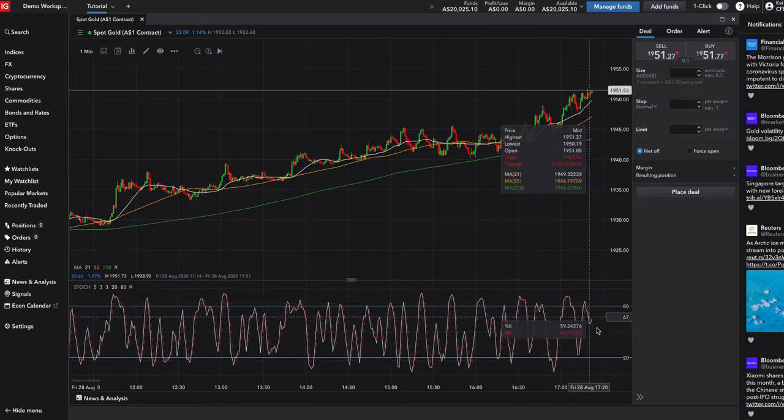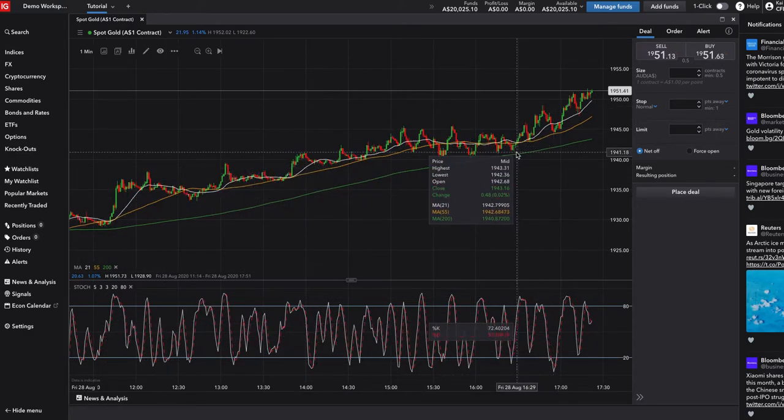And when this line gets below the line here, so below 20, it's telling you it's likely at the bottom of its trend and it's going to come back up again soon. This isn't a guaranteed thing, and the overall trend and other things like that play a big factor.